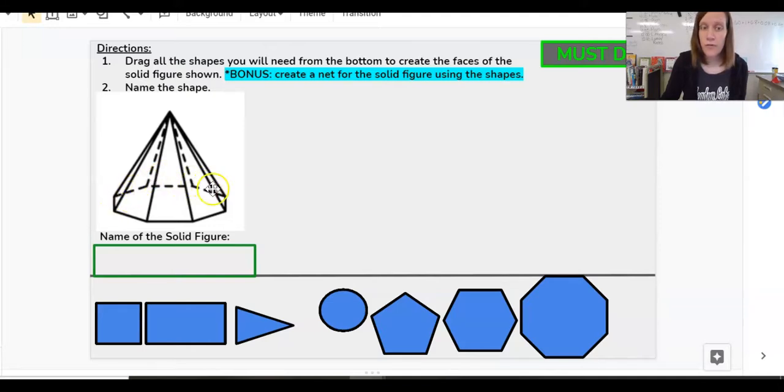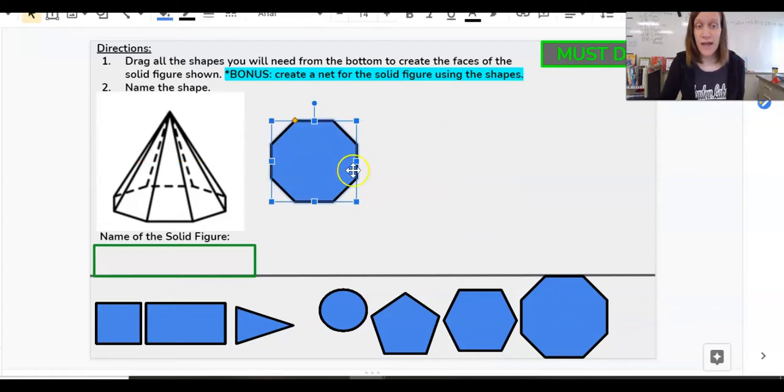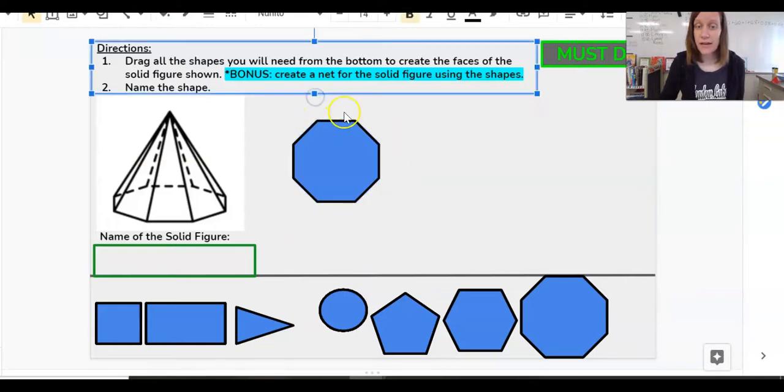1, 2, 3, 4, 5, 6, 7, 8. It has 8 sides, so it is an octagon. So I'm going to bring an octagon up here. And I know that if I'm doing a pyramid that's an octagon, I'm going to need my base, and then I'm going to need 8 triangles that would go around the side to make the triangles up to the common vertex.